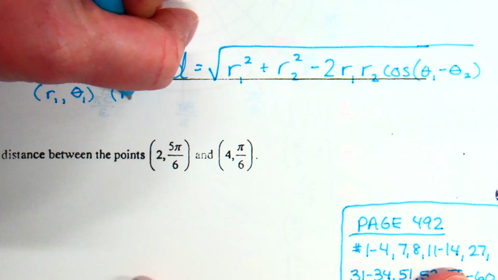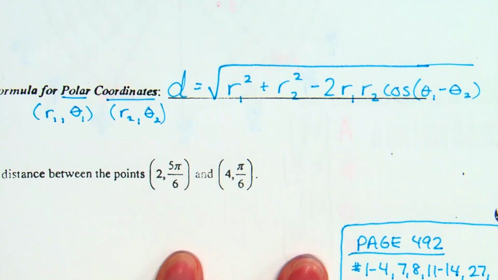Does that formula ring any bells from a chapter 5 formula? Do you see some resemblances? Law of cosines? Okay. So that is actually where this comes from, the law of cosines.